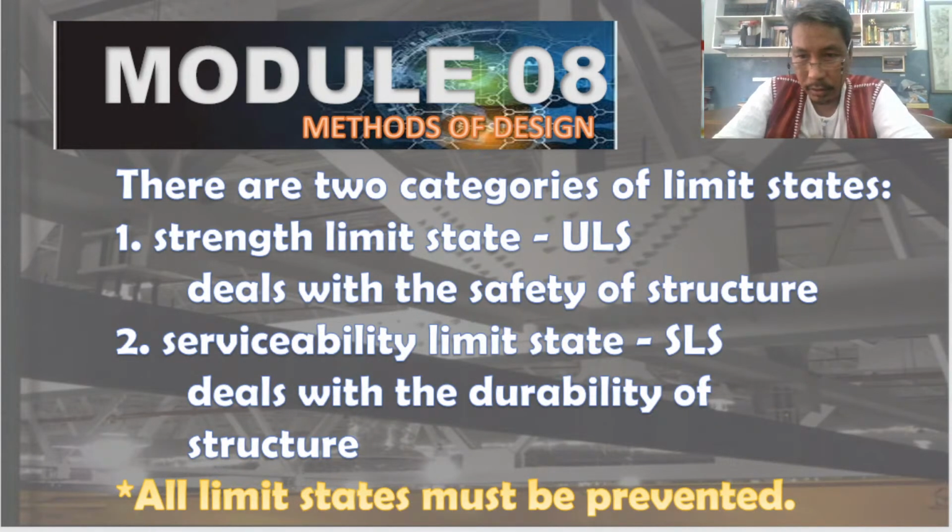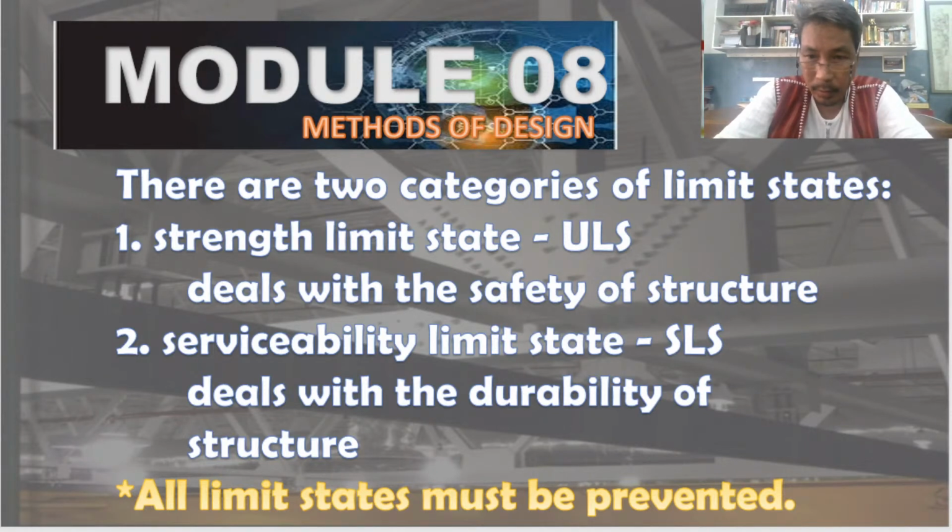So there are two categories of limit states, and all of these are very important. Number one, the major category is what we call strength limit state or ultimate limit state. Either one is being used, but usually ultimate limit state is used. That means strength limit state.